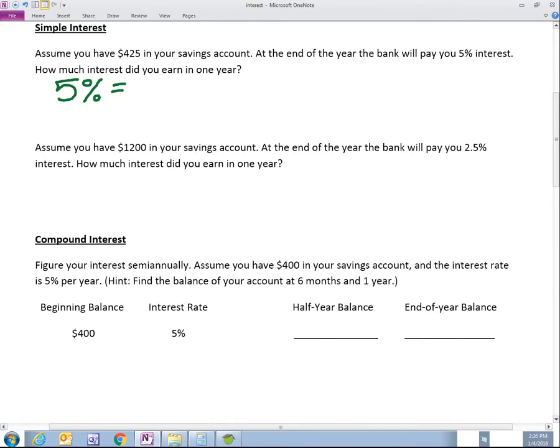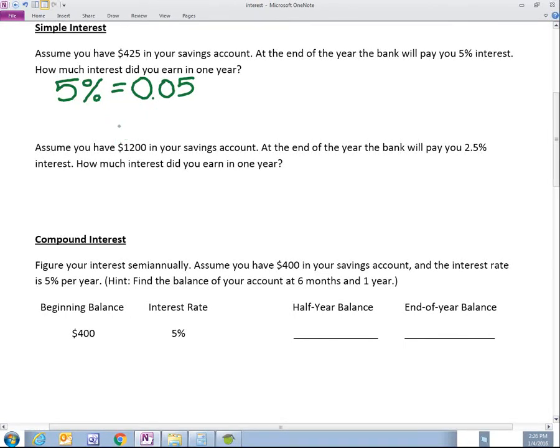Do you know? 0.5, good guess. That's a very common mistake, Abby. 0.05, yes. And that's because 5% is actually 5 over 100, and when you divide 5 by 100, you get 0.05.